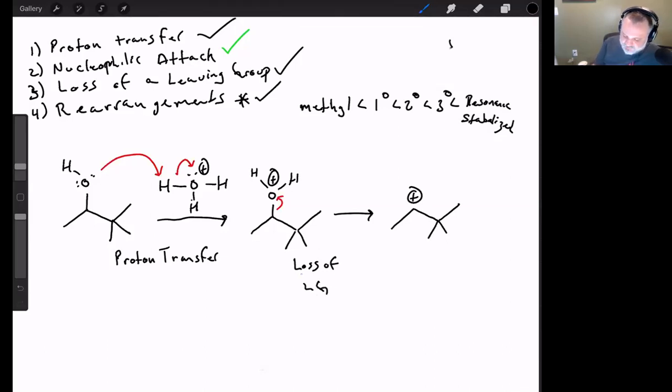What do you notice about this third structure? This is a secondary carbocation. Can it become more stable by doing a rearrangement? Yeah, I have the possibility of doing a shift, in this case, an alkyl shift.